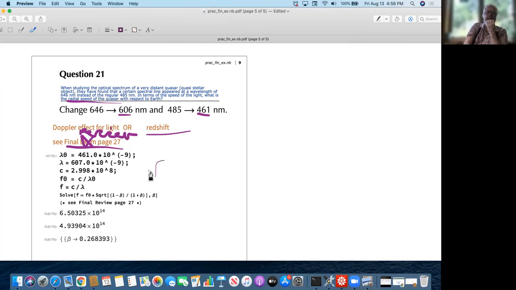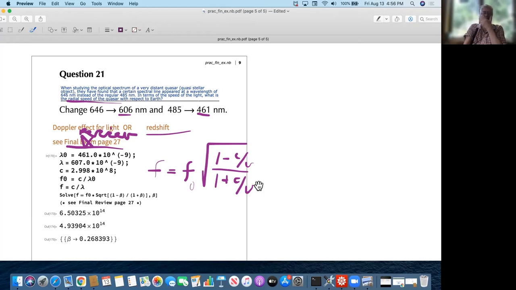F is F0, the value of the frequency in the lab, times the square root of (1 minus V over C) over (1 plus V over C). So you may not remember this. You may have to have this written down on your help sheet.